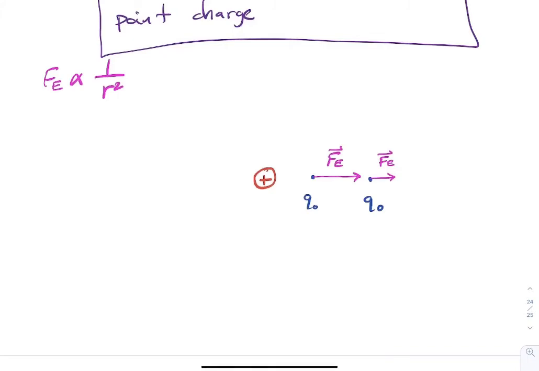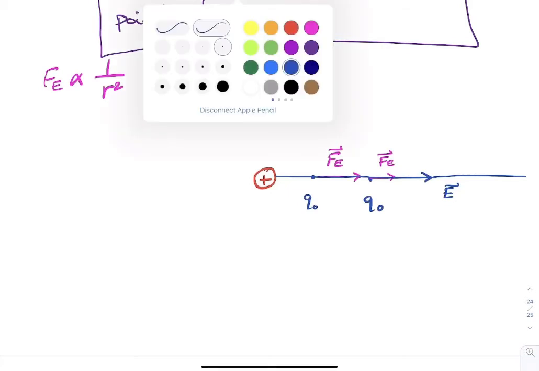If we wanted to, we could continue along this line. But I think what we would show is that anywhere on this line, the electric field should be pointed away from the positive point charge. And so this would be an electric field line. And I could continue to do this.